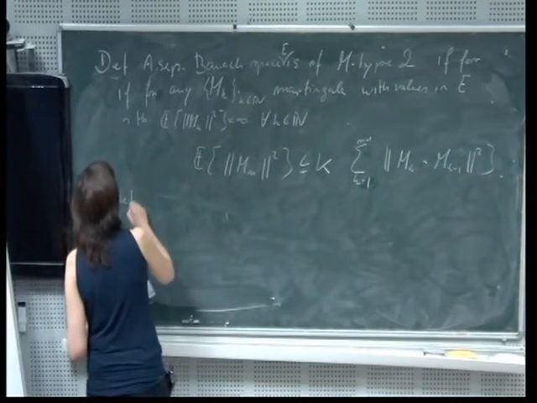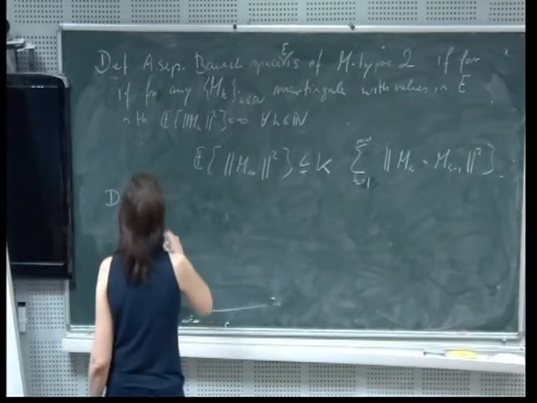So a subclass of the M-type 2 spaces is the following.